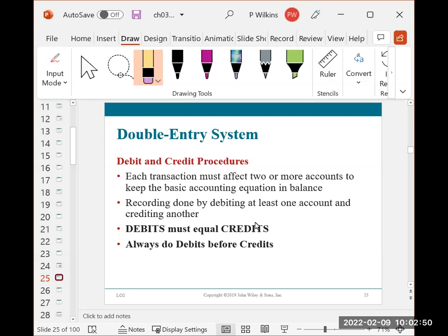Okay, they have to equal. Now, the majority of what you'll do in this class will be one debit and one credit. You will have a few things where you might do two debits and one credit or something like that, but very, very few, okay? And it's going to be mostly in this chapter.